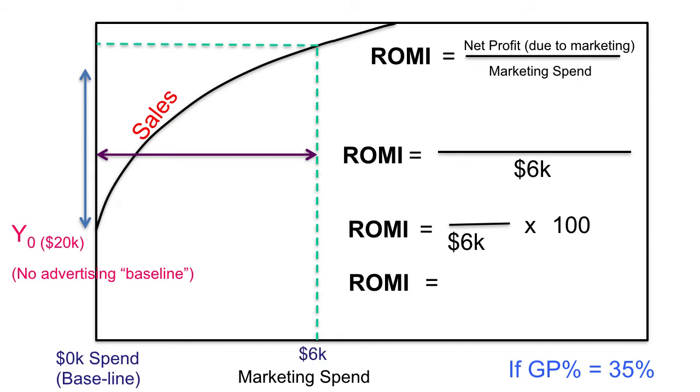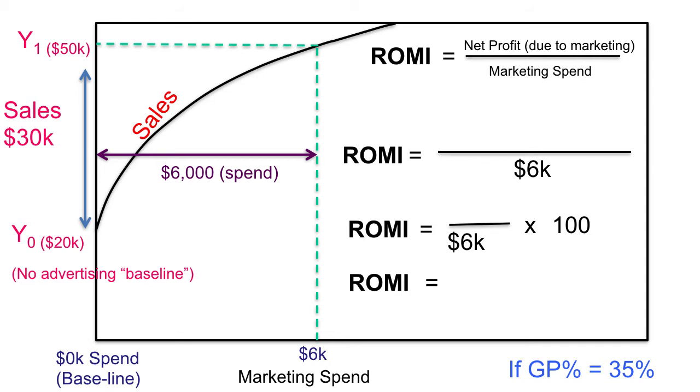However, now we spend some money. We spend 6,000. In this case study, we're talking dollars. 6,000 is spent. And sales then rise by 30,000, from 20,000 up to 50,000.